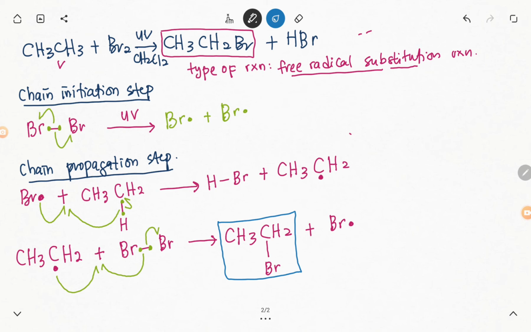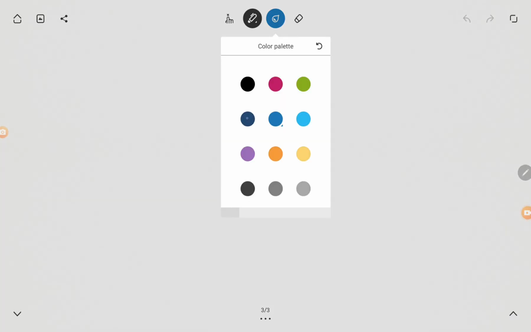So what happens next? We need to stop the reaction according to the chain termination step. Referring to the final step, the chain termination step, you must react all the free radical species.